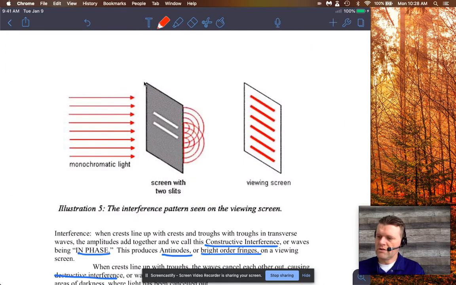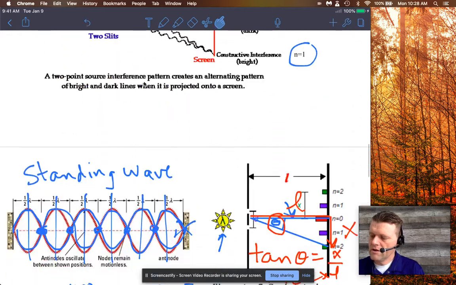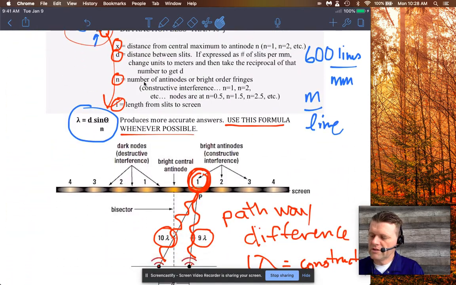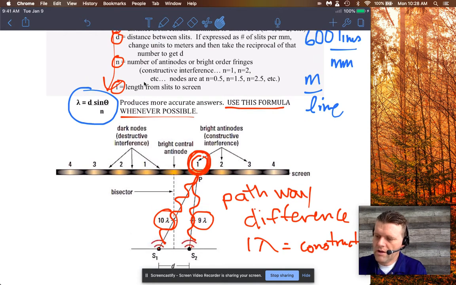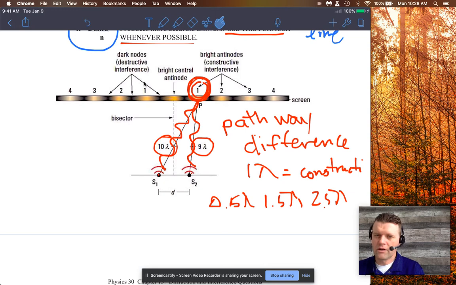It just means that the wavelengths are going to arrive in phase. What's really easy to note, once you understand it, is if the pathway difference is out by half a wavelength, so if the pathway difference is 0.5 wavelengths or 1.5 wavelengths or 2.5 wavelengths and so on, then you no longer have constructive interference, you have destructive interference.